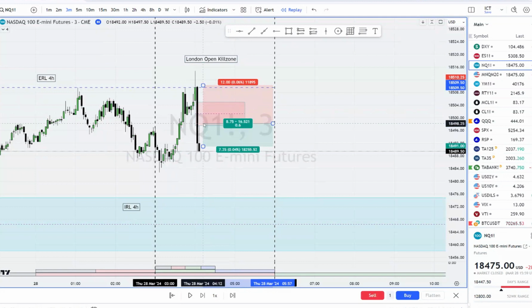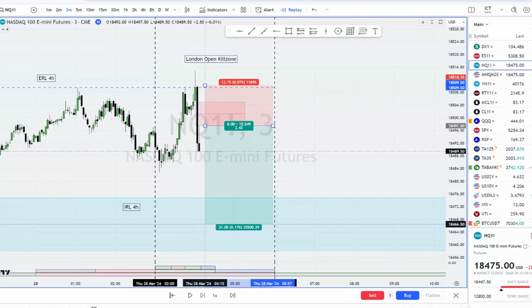I'm not expecting price to rebalance it and go into the rejection block. So my entry would be on the fair value gap, and my stop would be above the candle open up there, right? Your first TP would be the beginning of the 4-hour fair value gap.